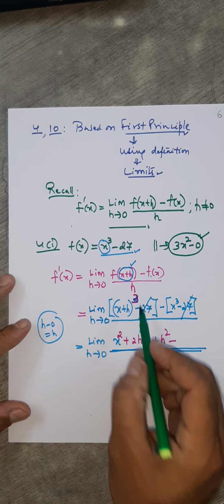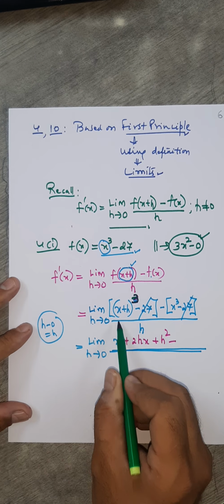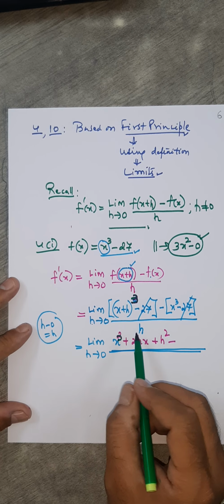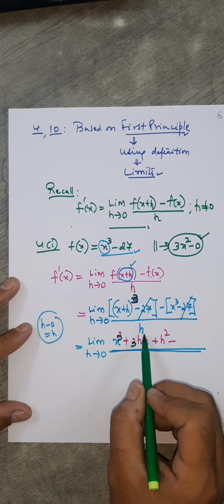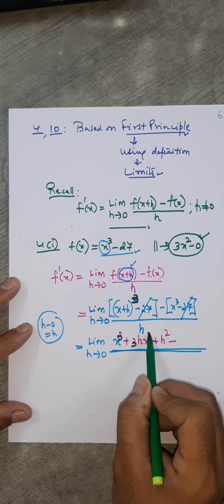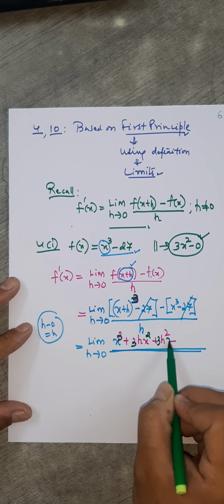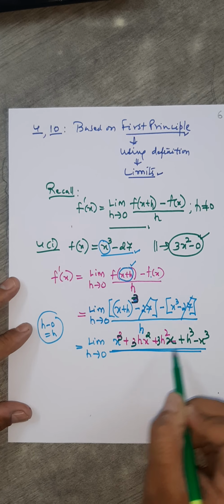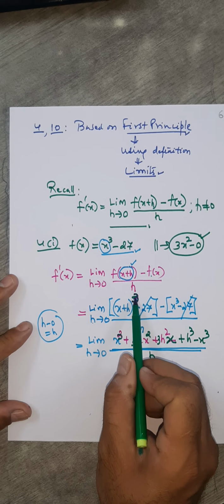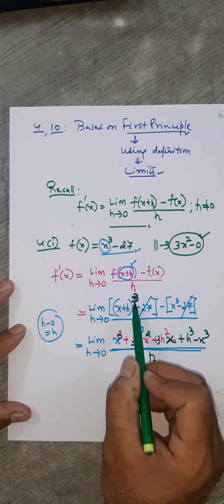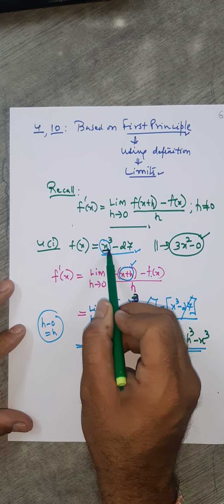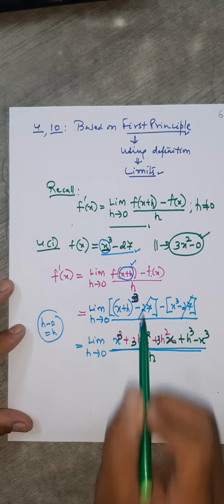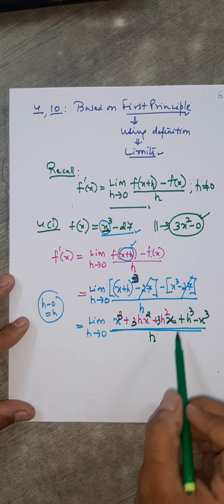I'm sorry, this is cube. So x cube plus 3hx squared plus 3x squared h plus h cube minus x cube upon h. Here you should correct it. It should be x whole cube. Just we have placed x by x plus h. The cube remains same, remember.